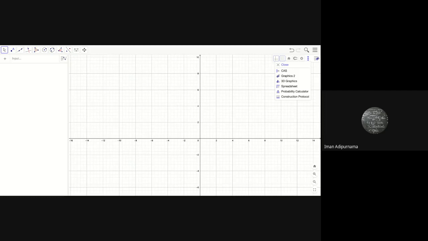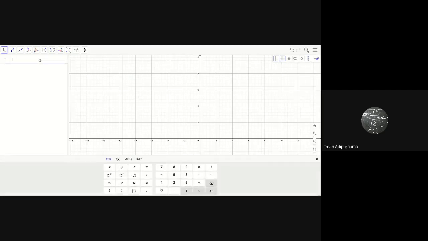And also, if you want to make more than one variable, for example, let's define our function to be x and y. This is just an illustration.